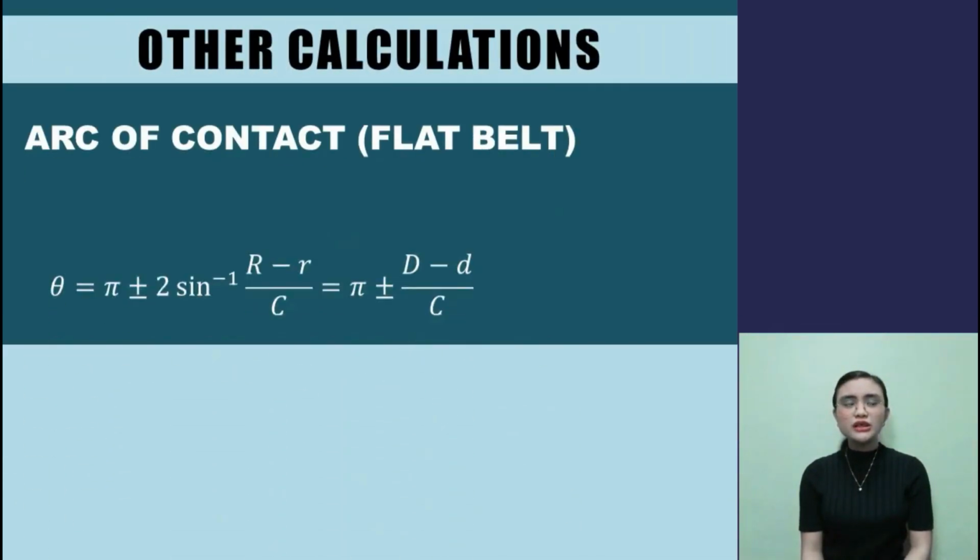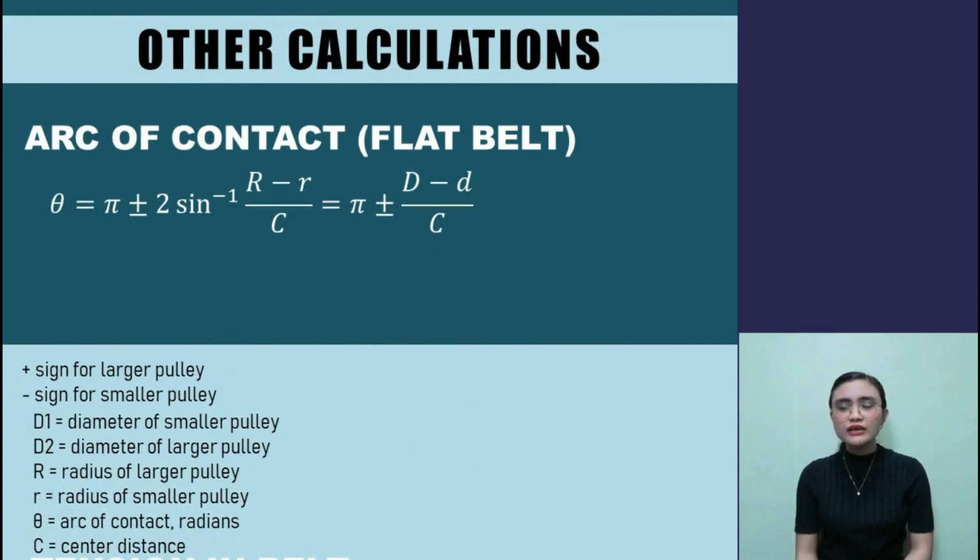The other calculation involves the arc of contact. This is for the flat belt pulley. So it has this formula: pi plus or minus sine inverse of the radius of the large pulley minus the radius of the smaller pulley over the center distance, or equal to pi plus or minus the diameter of the large pulley minus the diameter of the small pulley over c.